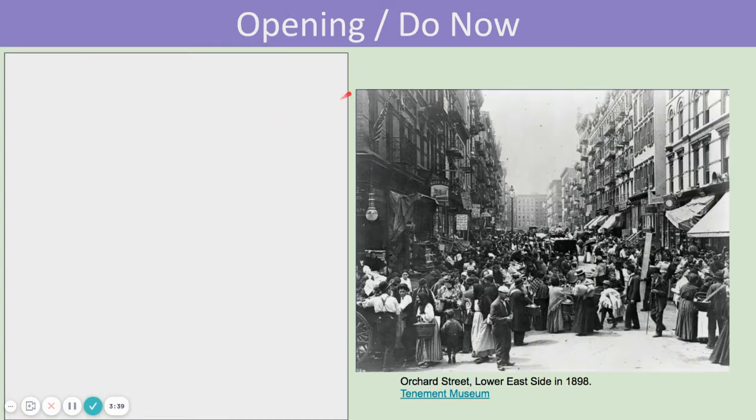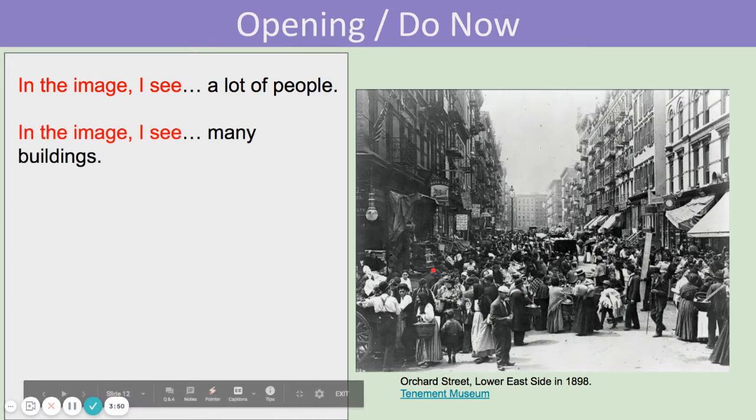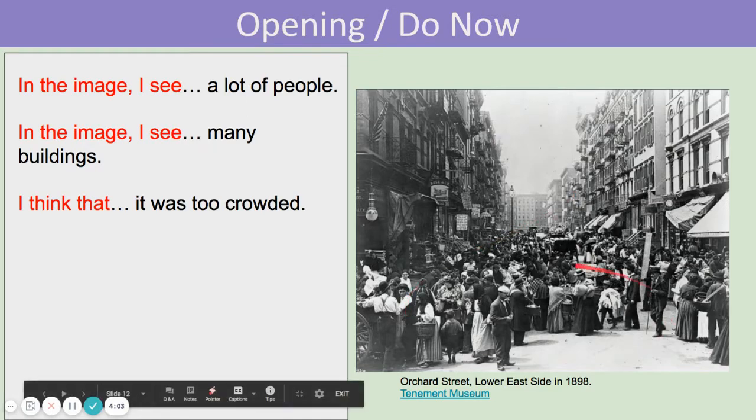Good. You might say, in the image, I see a lot of people. You might say, in the image, I see many buildings. You might say, I think that it was too crowded.